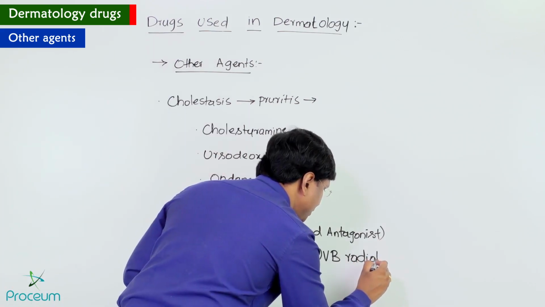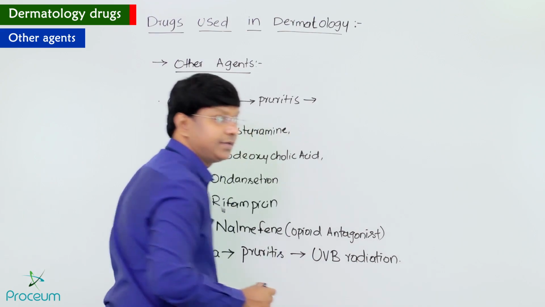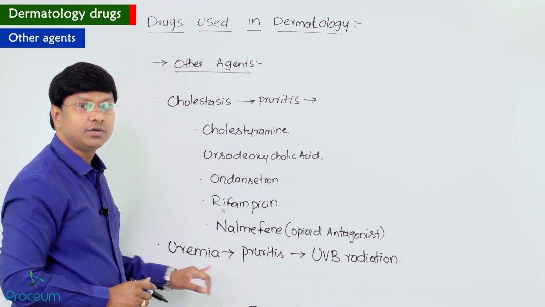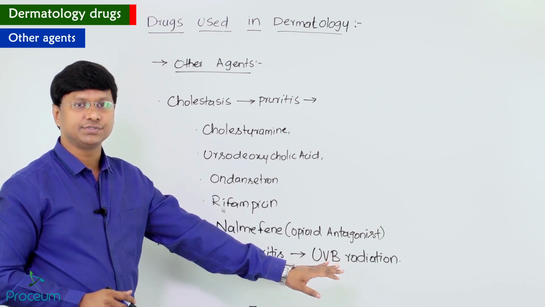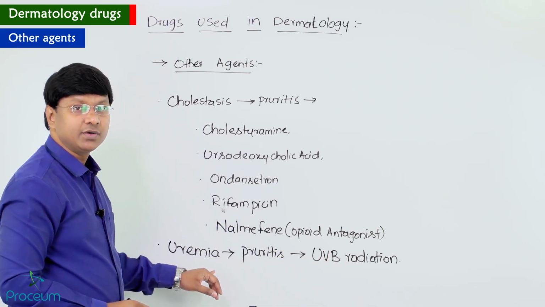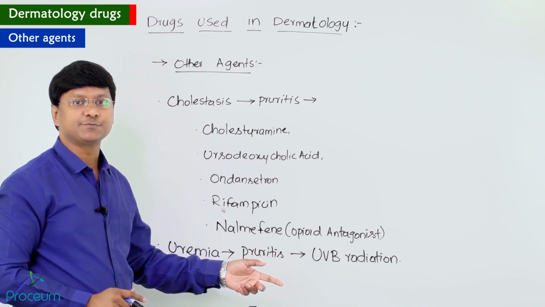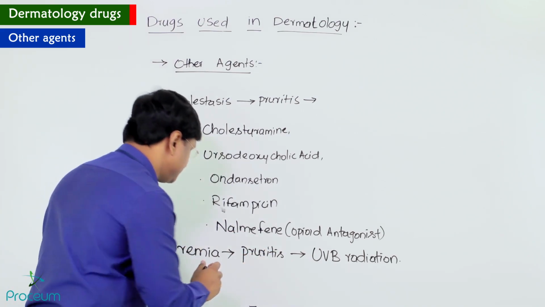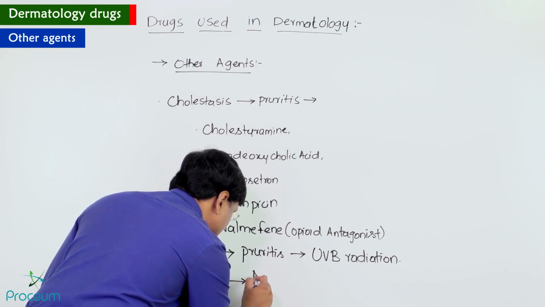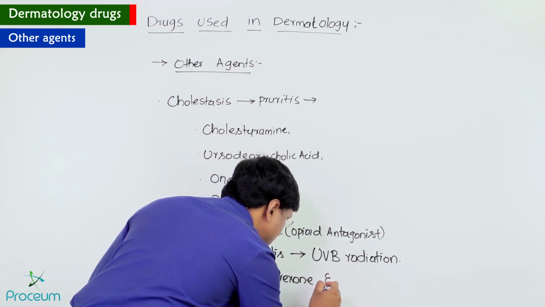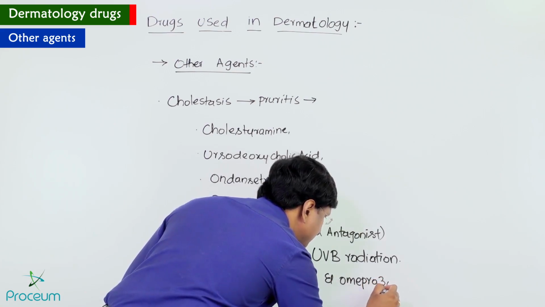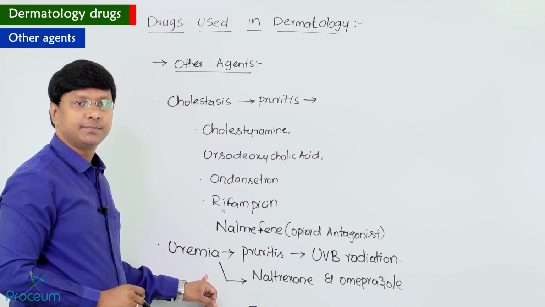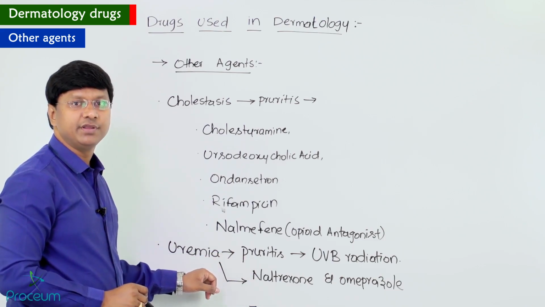Remember, the pruritus of uremia not only responds to UVB radiation, it may also respond to naltrexone as well as omeprazole. So this is about your pruritus associated with uremia.